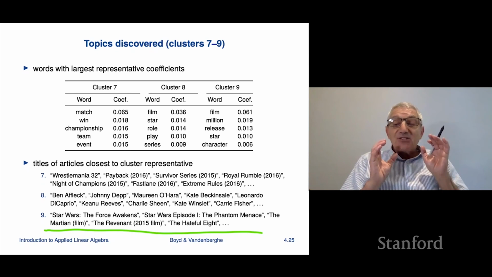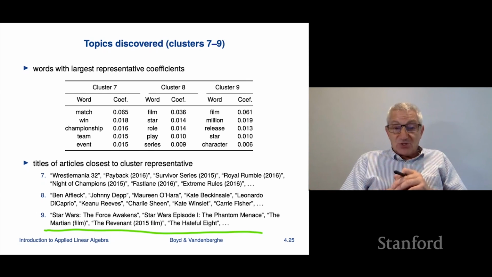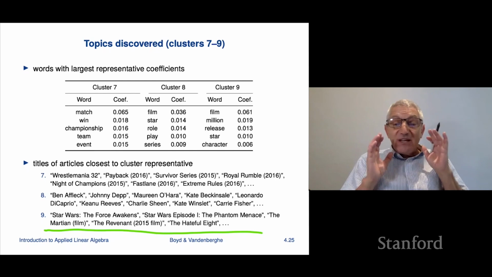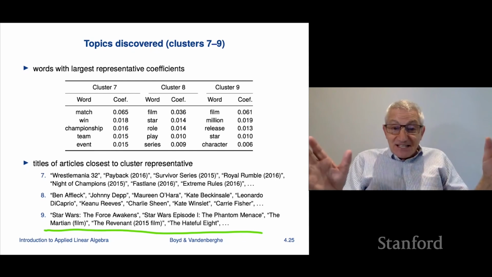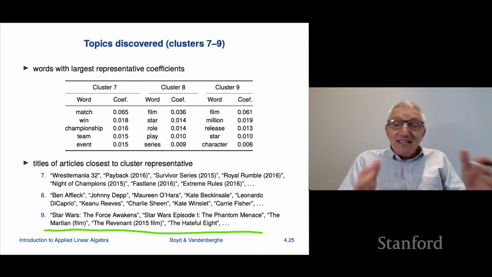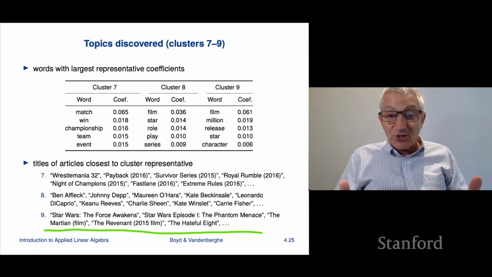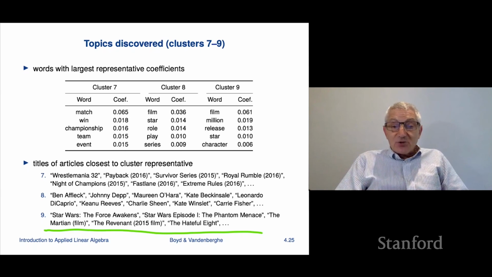This algorithm has no idea what the meaning of these words are. None. Zero. It doesn't understand English. We have destroyed the sentences. There are no paragraphs, no syntax, no meaning. And yet it has grouped these Wikipedia pages into what we recognize as reasonable clusterings. So it's very interesting what's happened here.